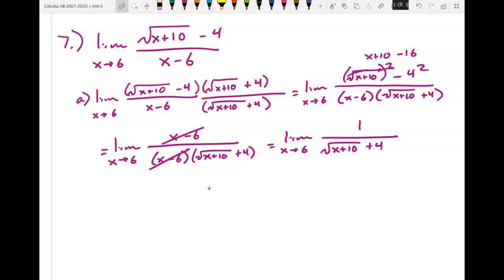Now, this is a good technique because you will possibly see problems on the AP test, multiple choice problems, where they're not going to ask, what is the limit of this? Which we could just do with L'Hopital's rule. But they're instead going to say, which of the following is equivalent?